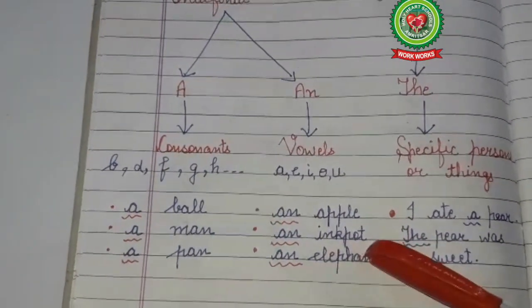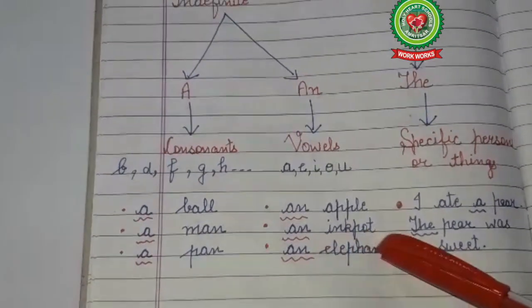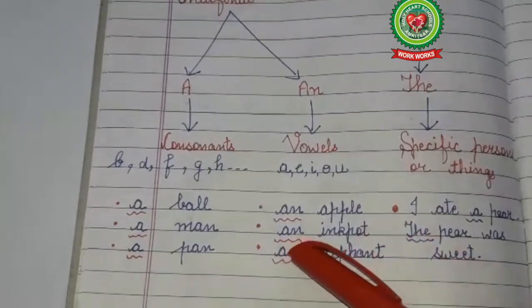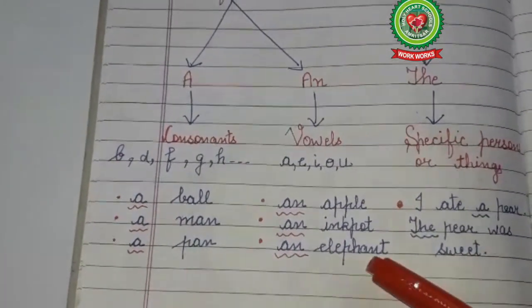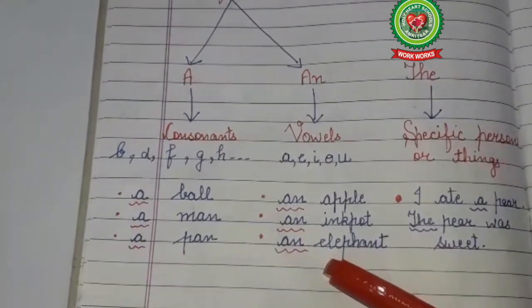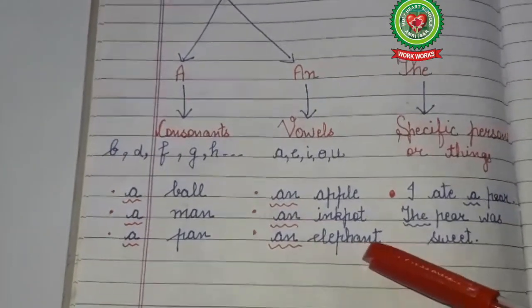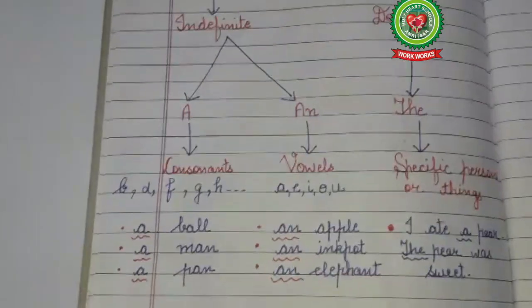The word inkpot is starting with the vowel I. It is giving the sound of I. So here we have used the article an. Number 3, an elephant. Here the word is starting with the vowel E. It is giving the sound of E. So here we have used the article an.